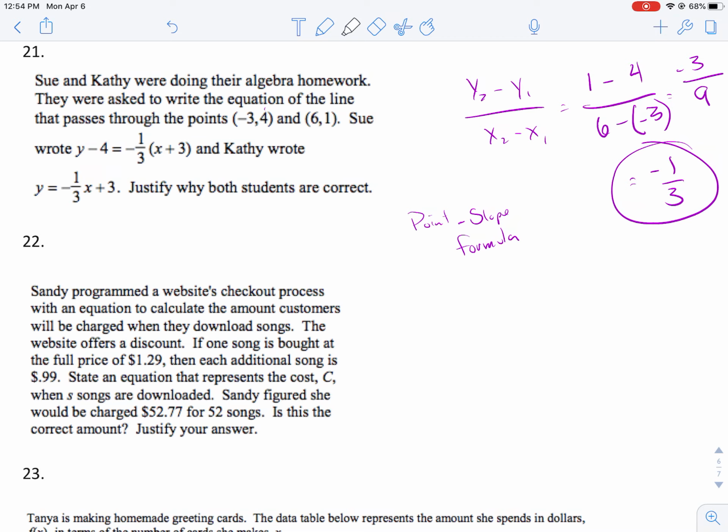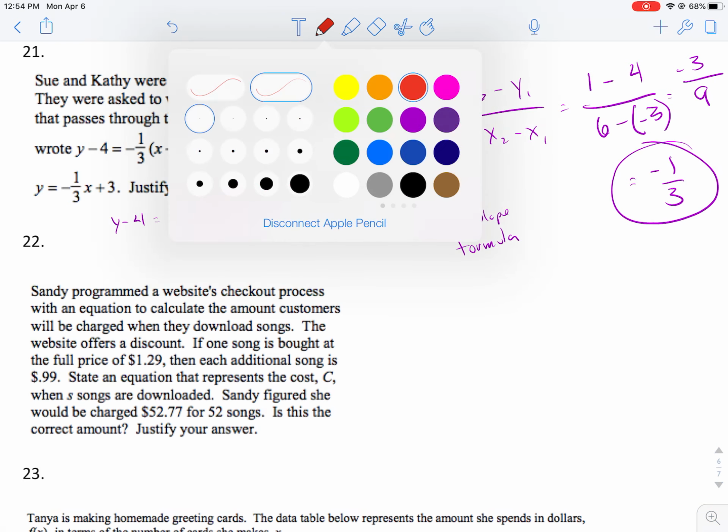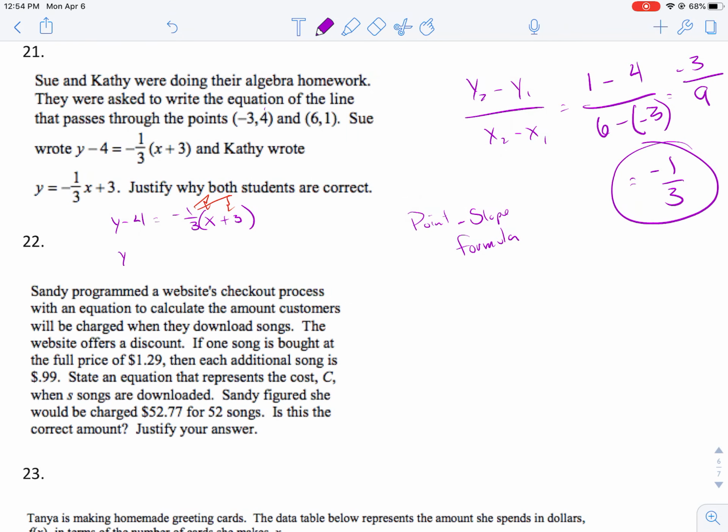Now, let's take a look at what they have written down in here. Both of these girls are correct, Sue and Kathy, and I'm going to show you why. If you take a look at what Sue wrote, if we wanted to simplify this problem, we would distribute.